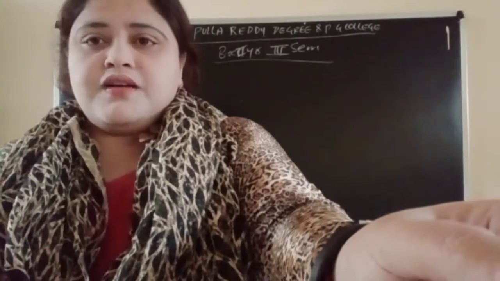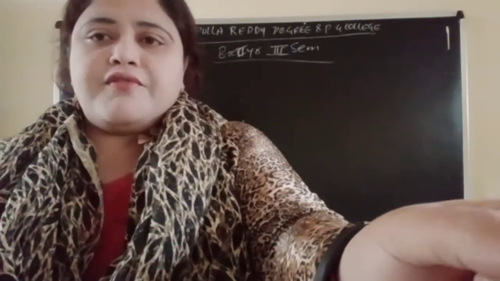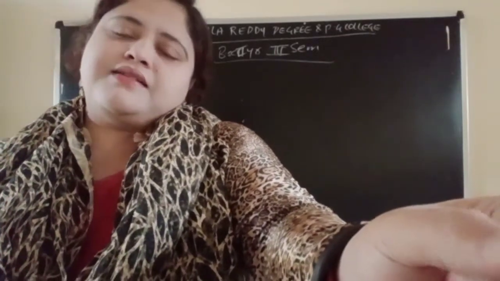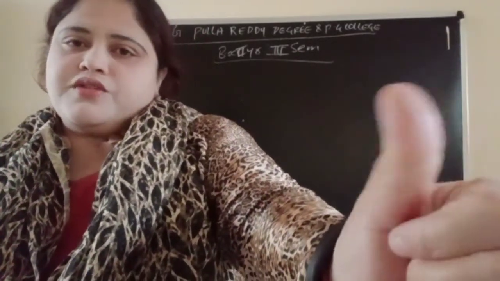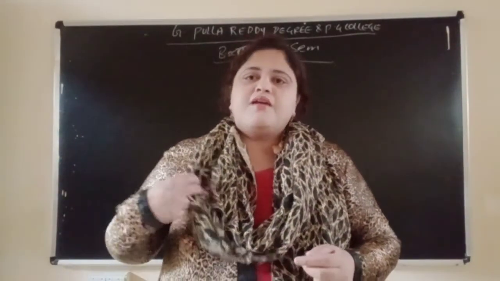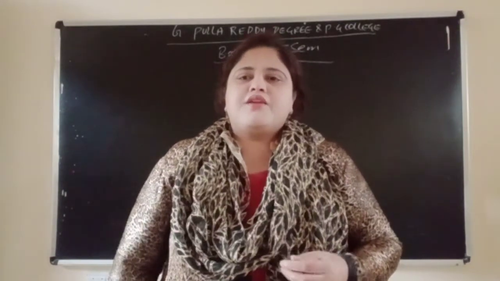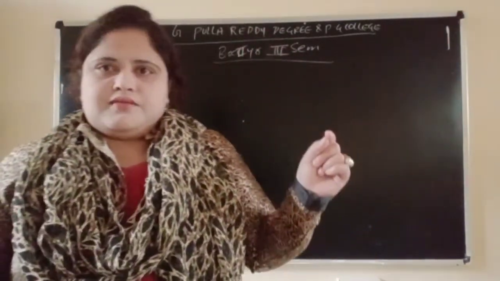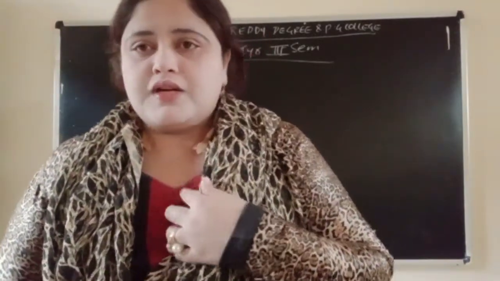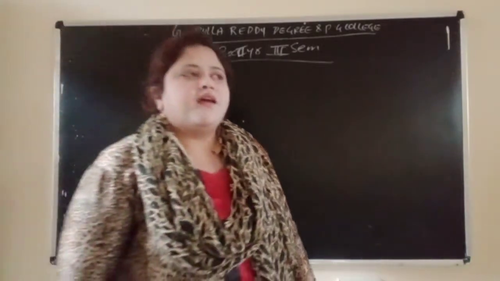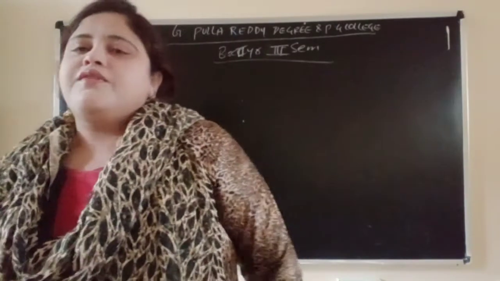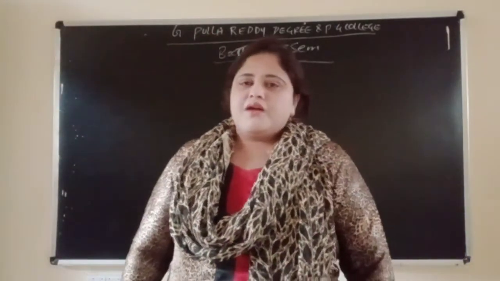For that purpose we have to draw the waveform of the RC coupled amplifier. For an RC coupled amplifier you will first write the introduction, then draw the circuit diagram, then give the circuit description, then the circuit operation. After the circuit operation is over you have to explain the frequency response curve.